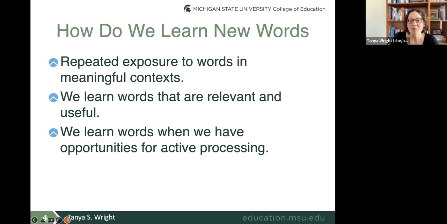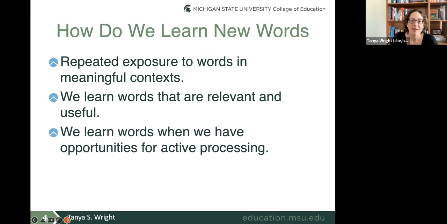So how do we learn new words? And I'm repeating all of this. I know you've heard me say it before. I'm repeating all of this so I can connect back to it when we think about writing, okay? So how do we learn new words? We've talked about repeated exposure to words in meaningful contexts. So what do I mean by that?